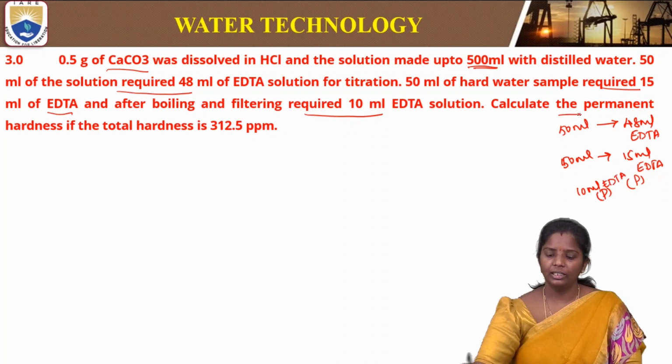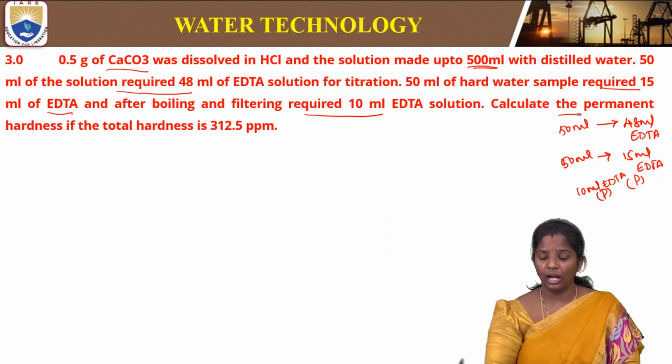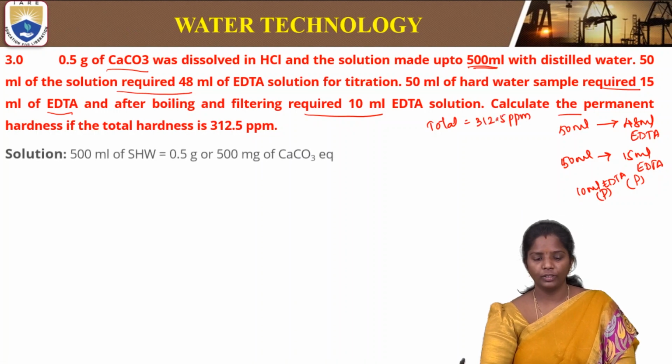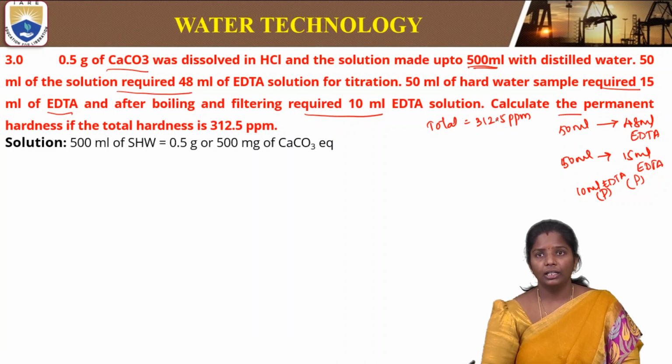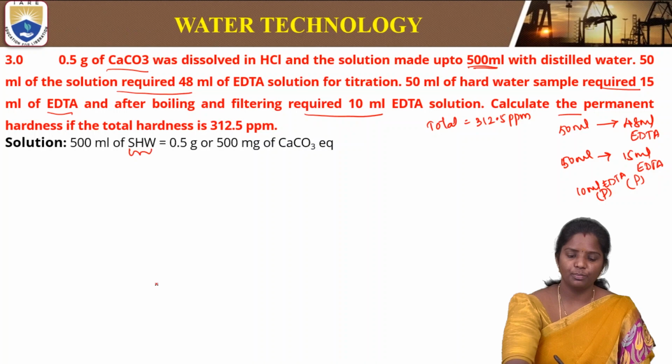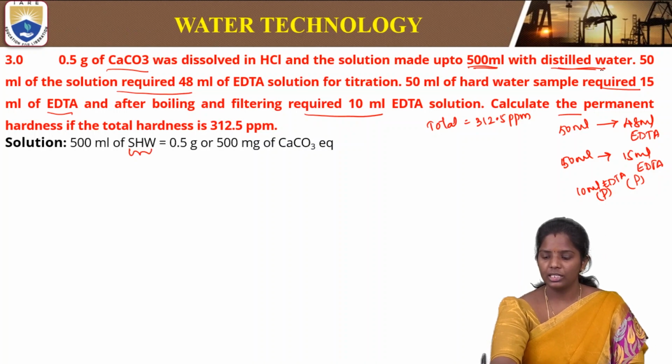Now calculate the temporary hardness, given the total hardness. They have already given the total hardness, which is 312.5 ppm. Whatever is given, we will understand in terms of calcium carbonate equivalence. 500 ml of standard hard water is prepared in distilled water.